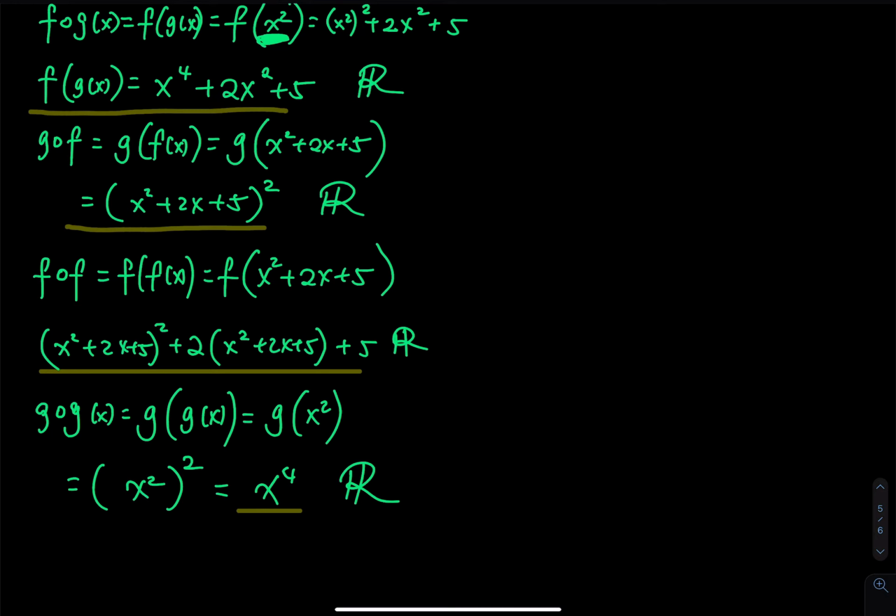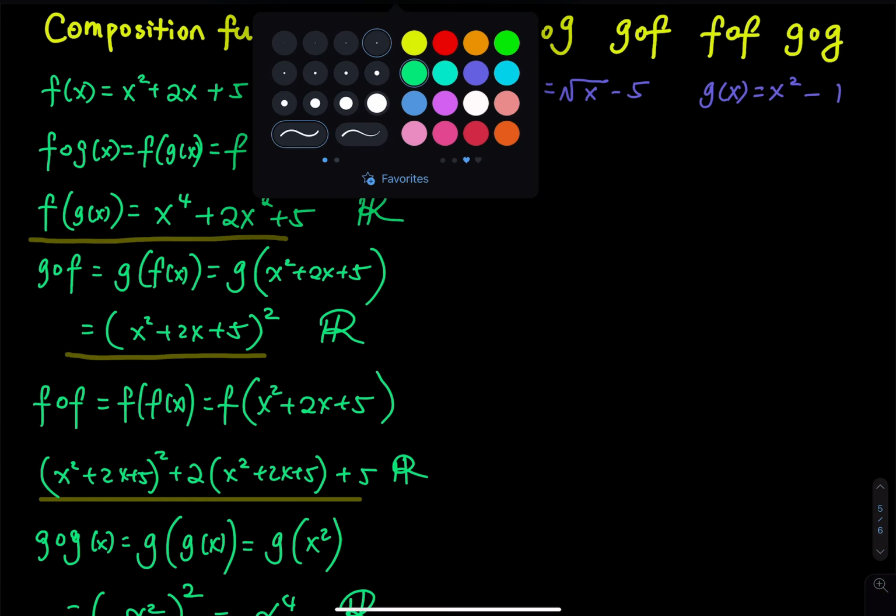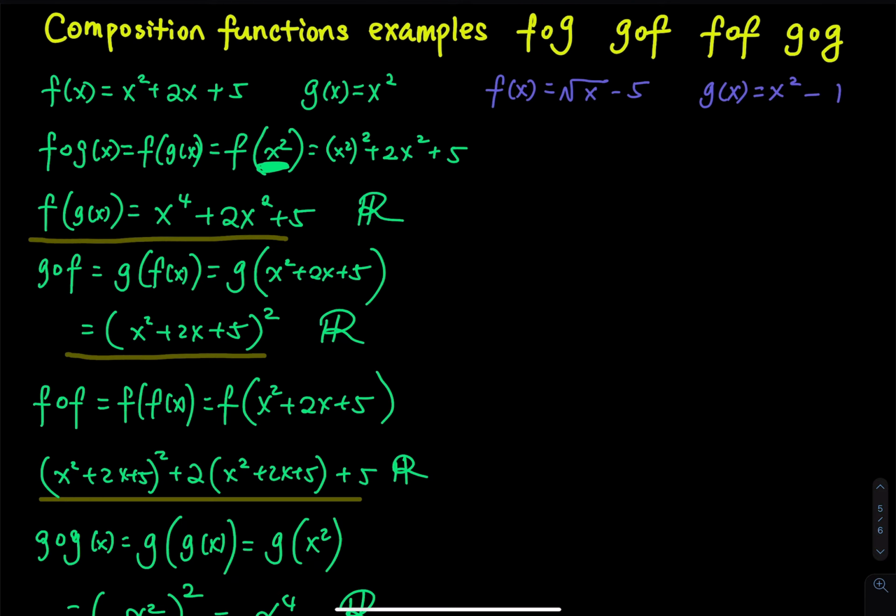Let's move on to the purple problem. So we have f is square root of x minus 5, and then g is x squared minus 1. All right. So first of all, we have f of g of x. Then we have f of x squared minus 1.